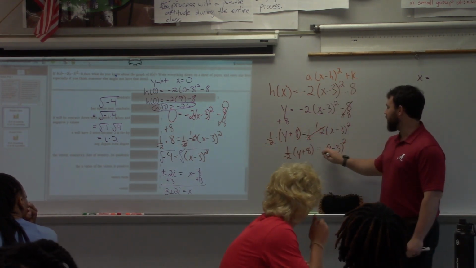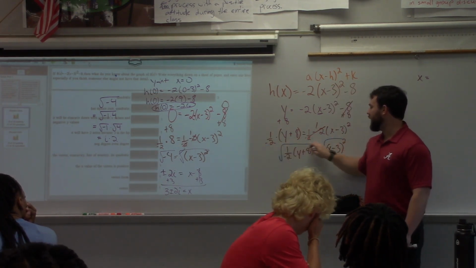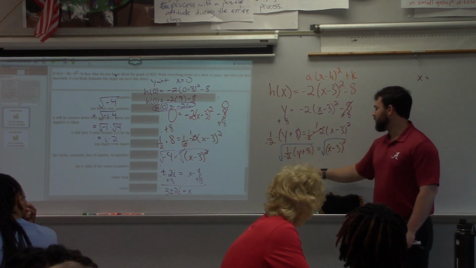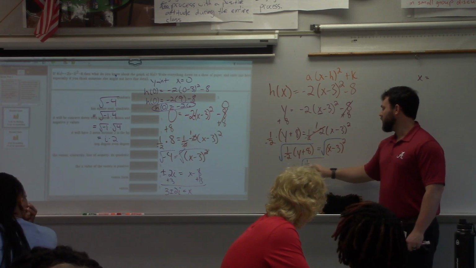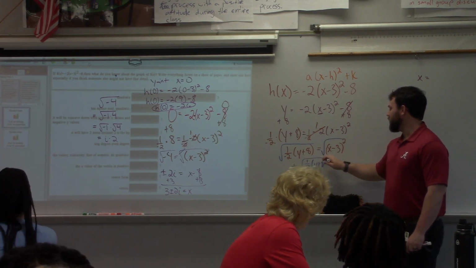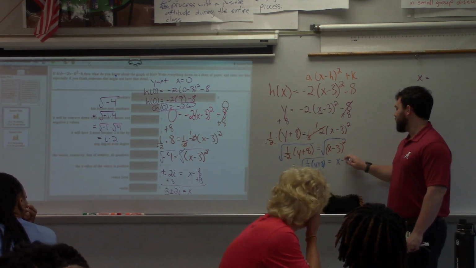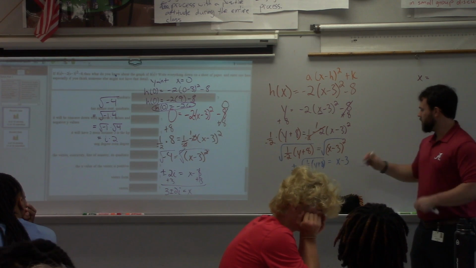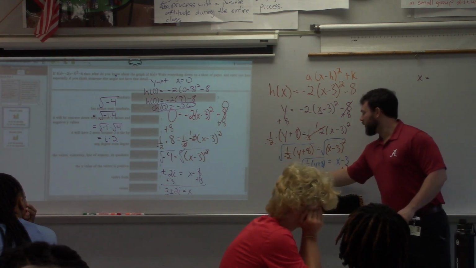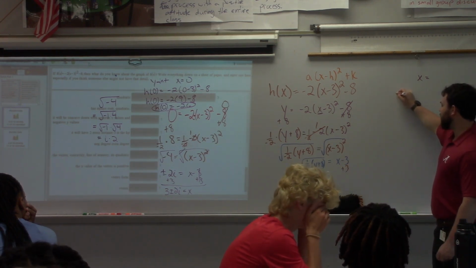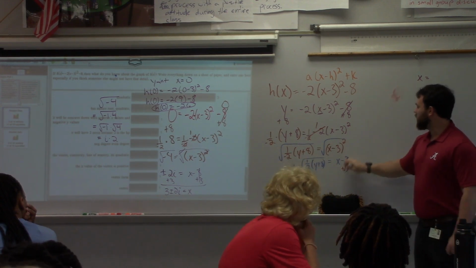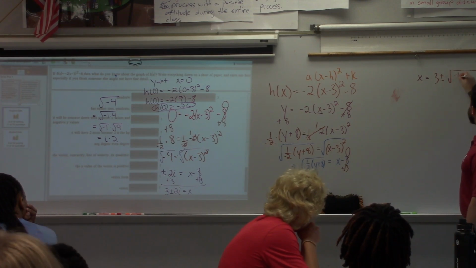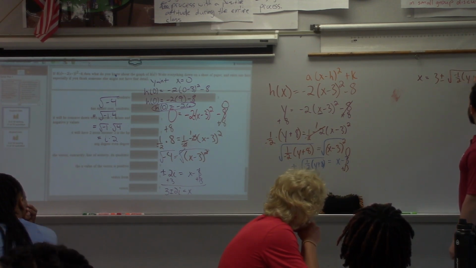This is not anything brand new as long as you keep in mind, hey, I need to solve for x. Now what? Add 3? And I would write that 3 either in front or behind, it doesn't really matter. So x is equal to 3 plus or minus the square root of negative 1/2 times (y plus 8).